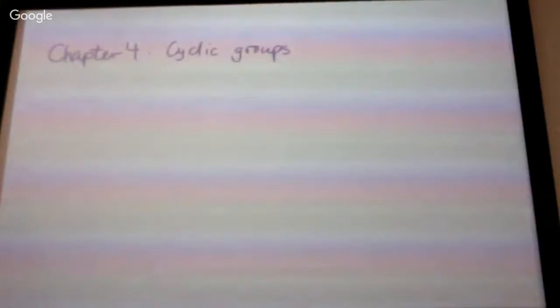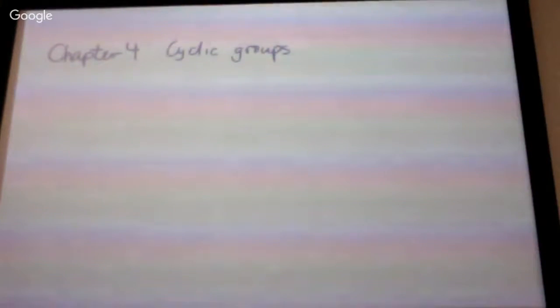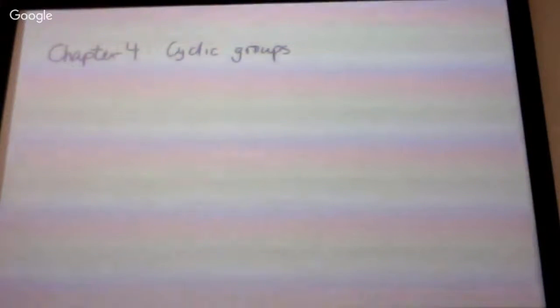But I find it very useful when you think about all groups as some sort of transformations. So a group element essentially is like an operation that does something. And then multiplying or adding, if you're using the additive notation, group elements is like composing these transformations. It's a very useful point of view.